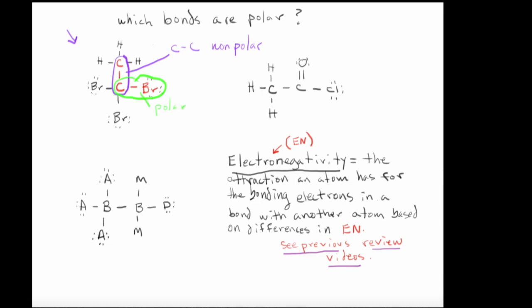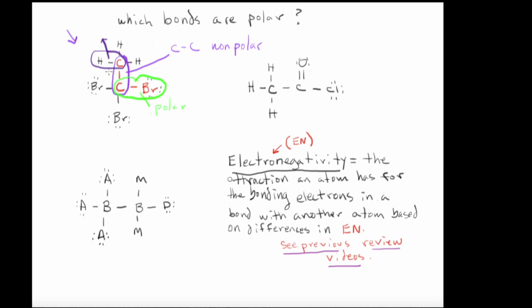Then, not to ignore it, we also have a CH bond here. Now, here's the thing. The electronegativity is pretty close for both of these atoms, and you'll see that when you look on the table. However, on the common exam, they're not going to give you electronegativities in terms of numbers.